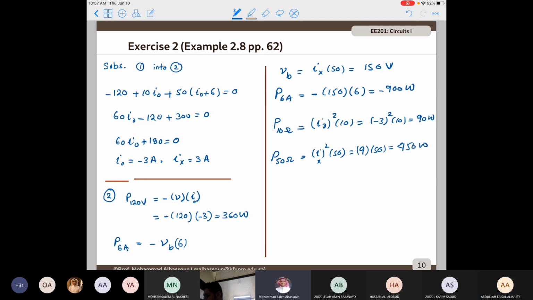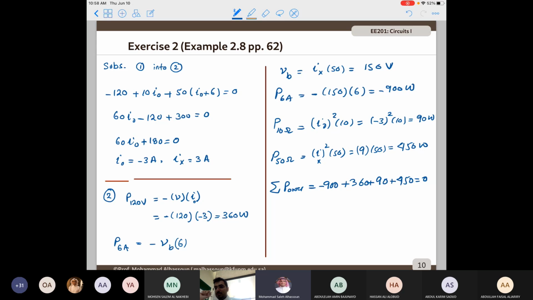So if we sum all the powers, we get minus 900 plus 360 plus 90 plus 450 equals 0, which means the total power generated is equal to the total power dissipated.